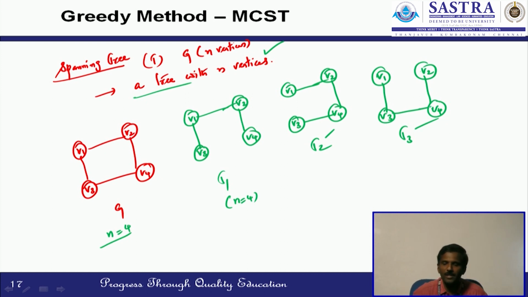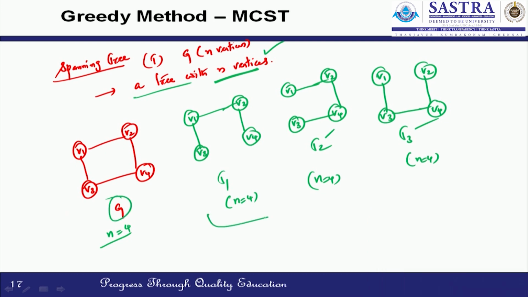T3 is also a tree with n equal to 4 vertices. Since T1, T2, T3 are trees which have exactly n vertices, same as the original graph G, these are said to be spanning trees of the given graph G.